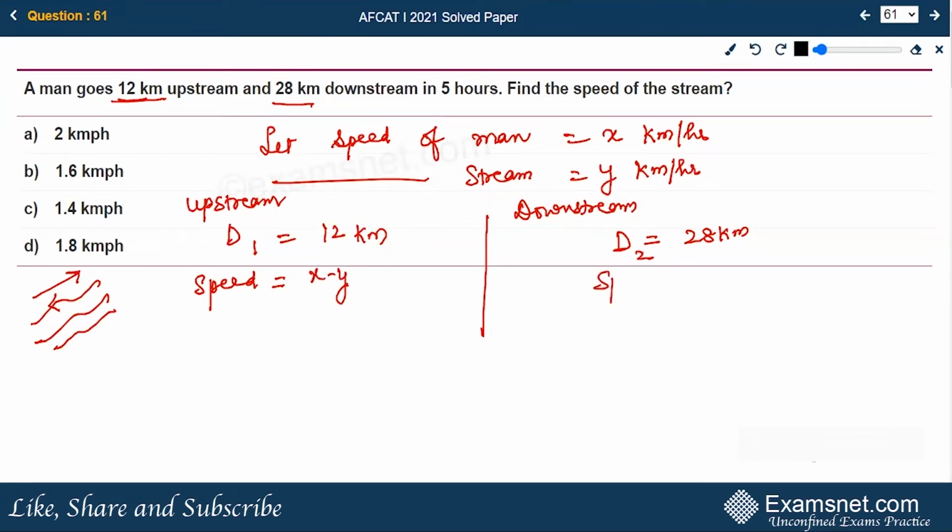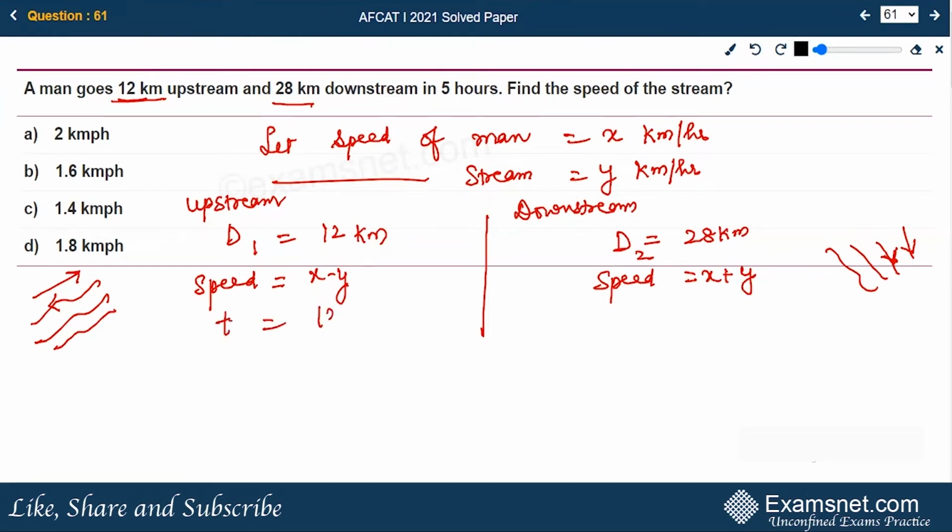And in the second case, this is the direction of the stream and this is the direction of the man. So the two speeds will add to each other in this case. So the second speed will be x plus y.